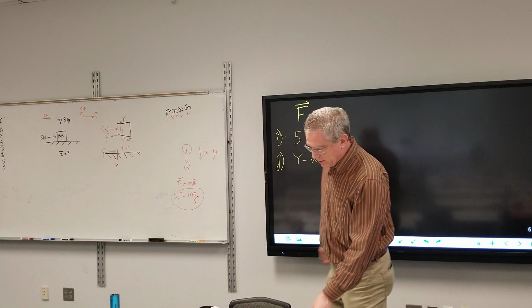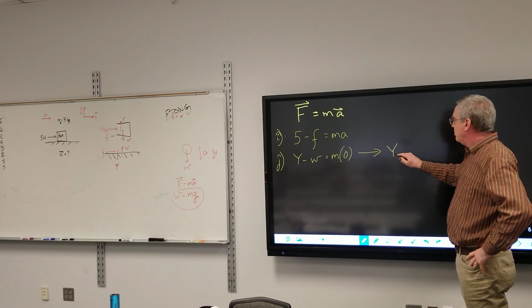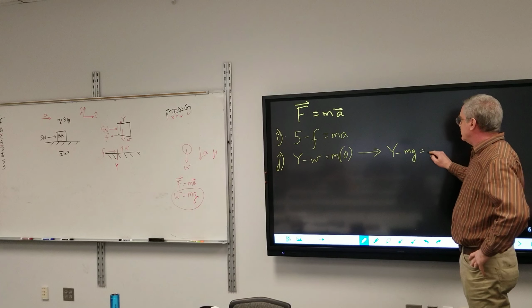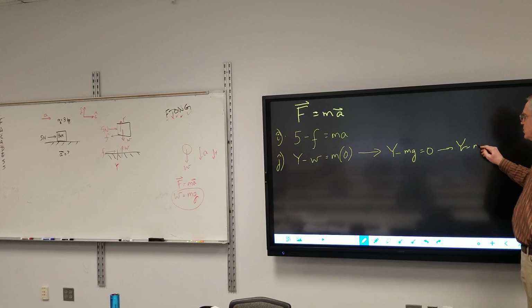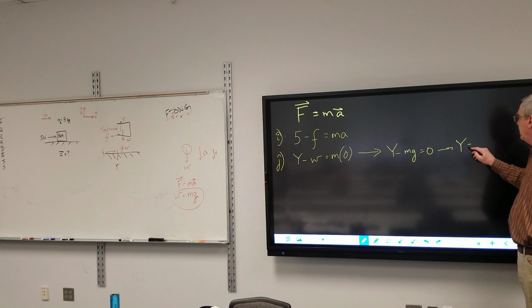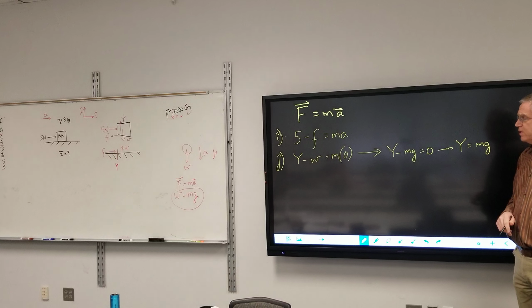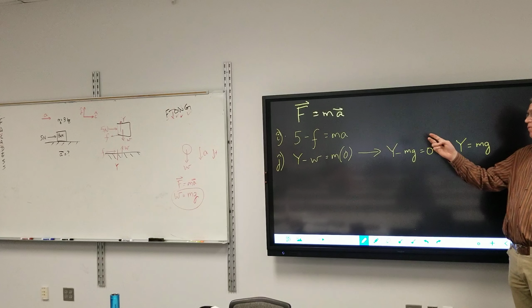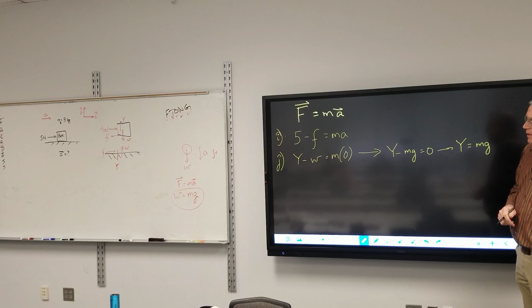for weight. And so I would take this equation right here, and it becomes y minus mg equals 0, or y is equal to mg. Taking it one step further, that's the substitution phase. Now there is a formula for friction. Well, actually, not yet.